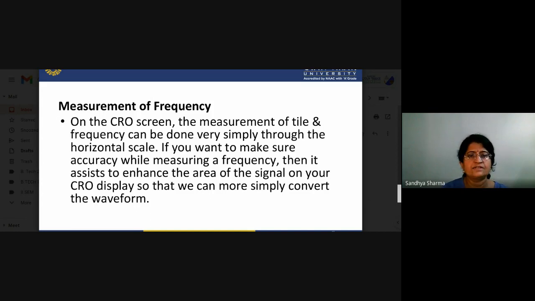If you want to ensure accuracy while measuring a frequency, it helps to enhance the area of the signal on your CRO display so that we can more simply read the waveforms. There may be so many options. By changing the time per division, you can change the basic scale of signals and you can easily read that particular time period.